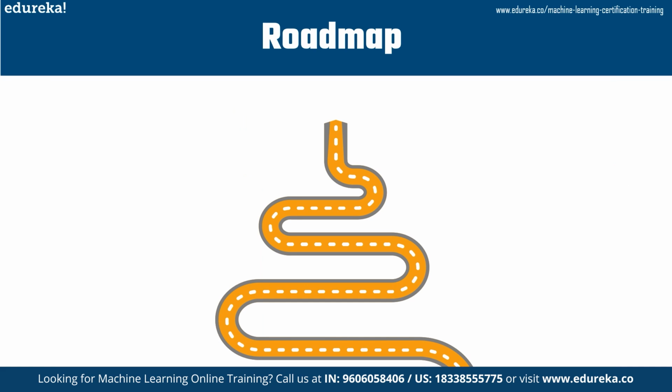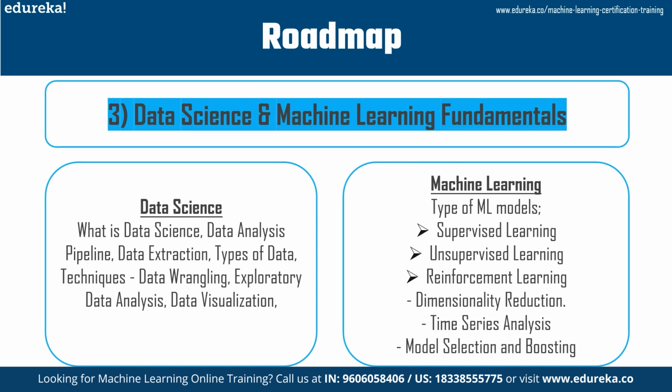Okay, moving on. Step number 3, data science and machine learning fundamentals. In data science, you should know things like what is data science, data analysis pipeline, data extraction, types of data, techniques like data wrangling, exploratory data analysis, data visualization, and so on. And when it comes to machine learning, you should know what the types of machine learning models are.